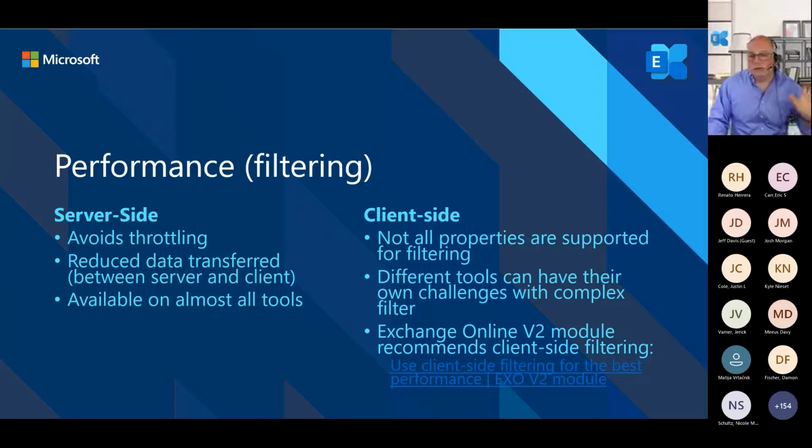The server takes this and processes it internally. And we're talking here about throttling: for you it's only one request. For the server, it's maybe more workload, but it's only one request. At the same time, you're also reducing the data which is transferred. It might not be a huge difference for one or for 100 users or objects.